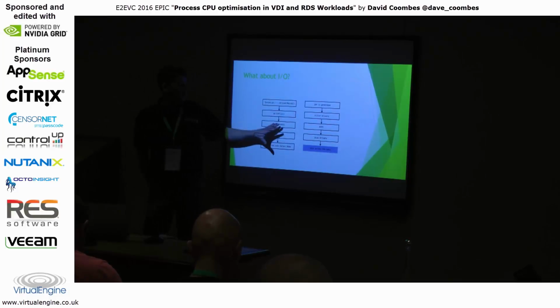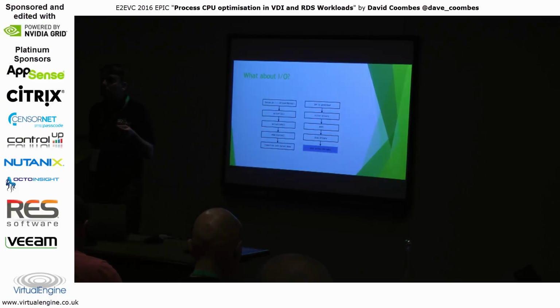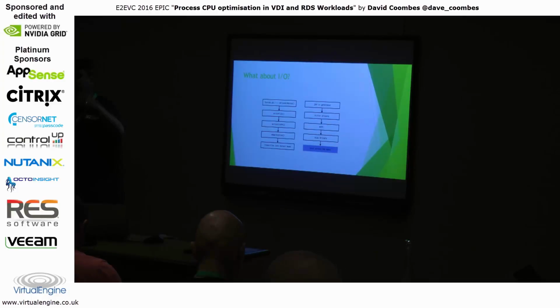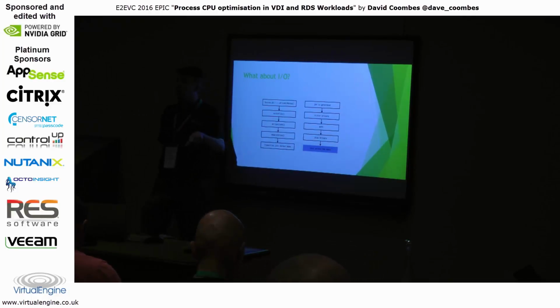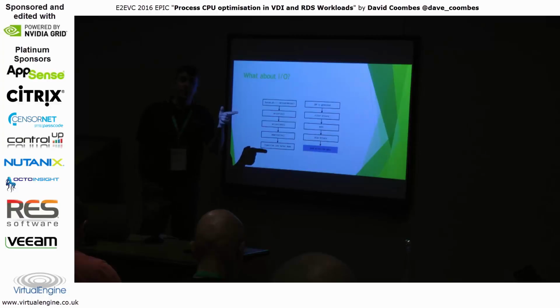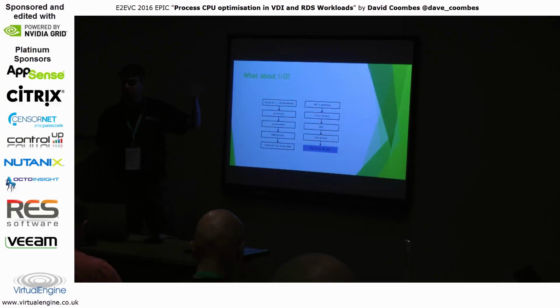All the boxes in white are CPU driven. When it gets to the disk, it just tells the disk to go and write it, gives it a memory address, and says go off and do it. Whilst the disk is doing that write, you go into a wait state. So you're not actually consuming CPU while the disk is writing that data. Once the disk completes, it notifies you with a yes or no, I've done it, or failed, whatever.